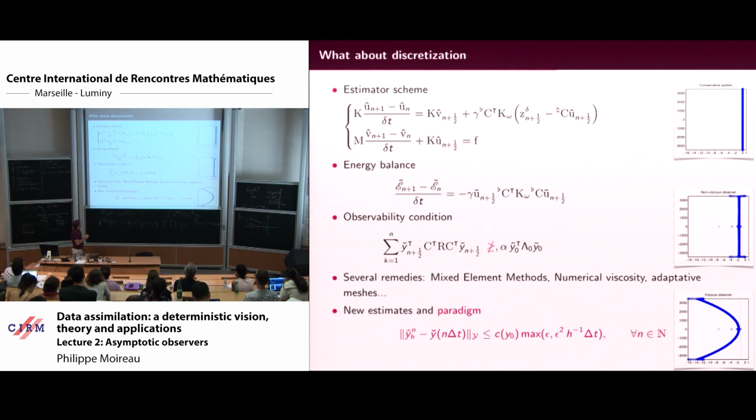I compute the energy balance at the discrete level, and I find the same type of energy balance as I found for the continuous problem. And so basically I know that if I have the observability condition, my system will be observable, okay? And so the question is like, if it's true in the continuous framework, it should be true here, okay?